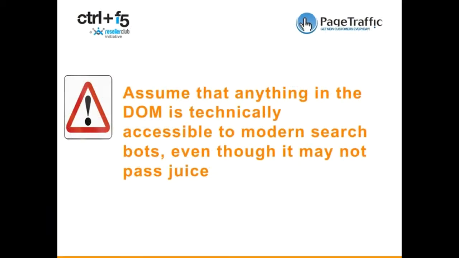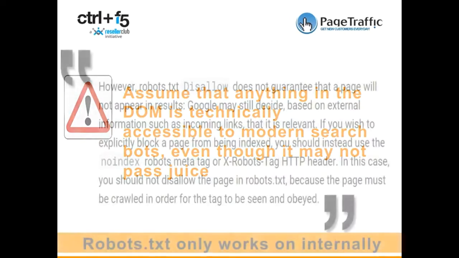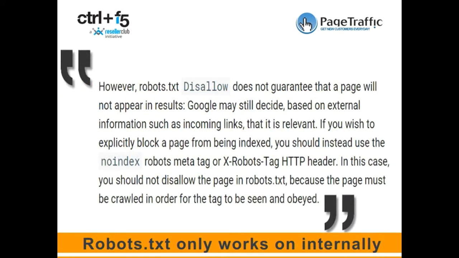Assume that anything in the DOM is technically accessible to modern search, so even if you are using JavaScript, you should disable JavaScript and see, can that be crawled, can that be visible? Important thing here, robots.txt only works internally. However, robots.txt disallow does not guarantee that the page will not appear in results.